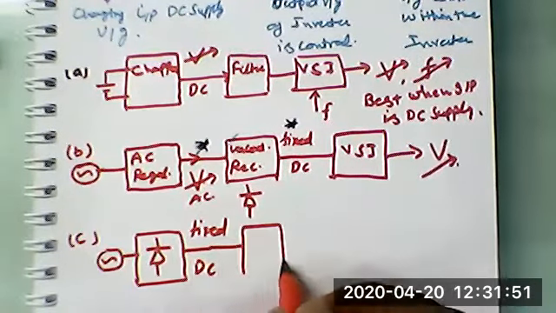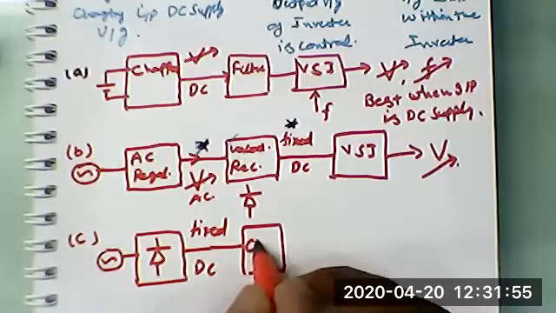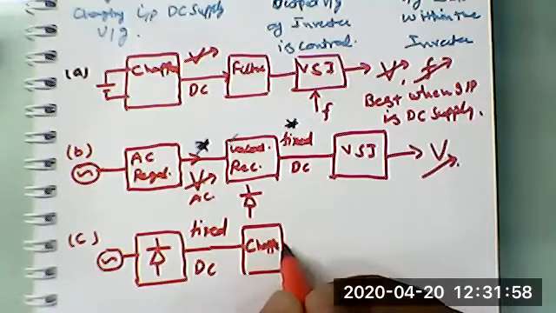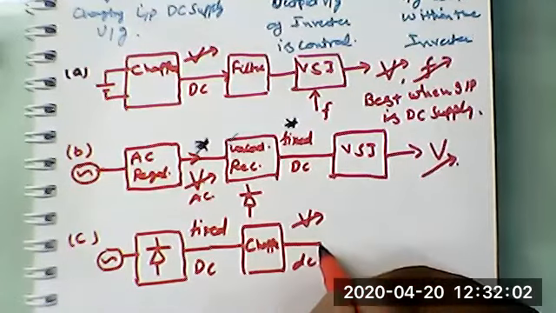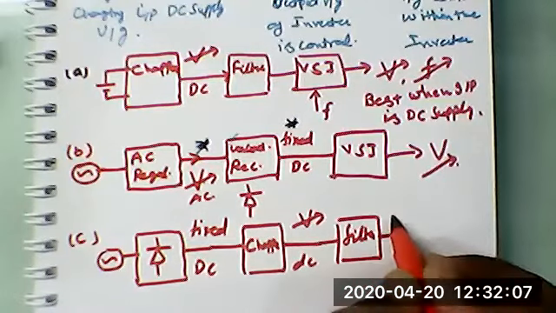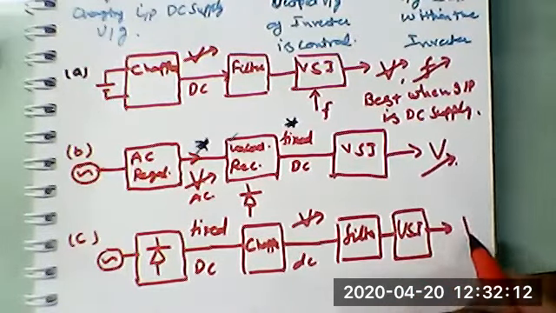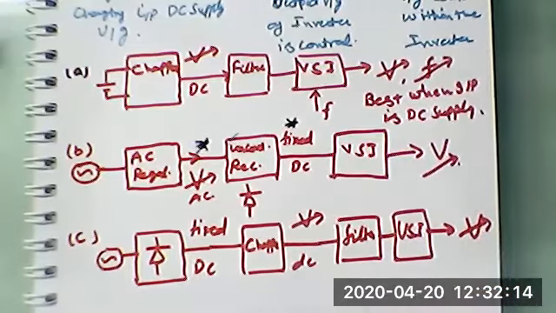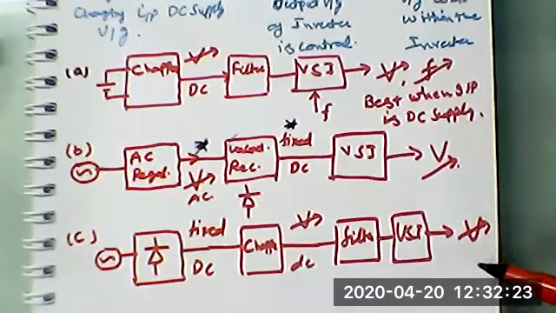Now from fixed DC you can have one chopper. Now you will have variable DC. So filter, then again VSI, which will give you variable voltage. So this is another way. Right, there are so many possibilities to get this variable voltage.